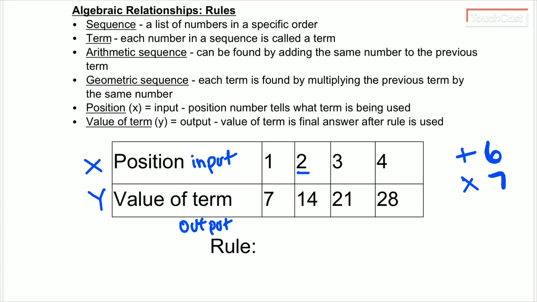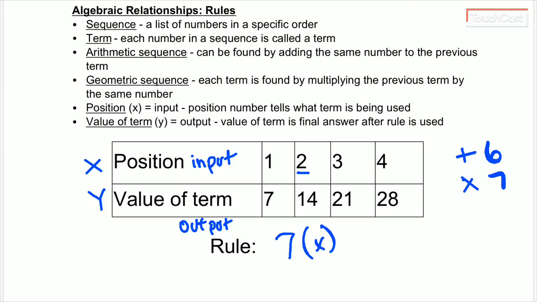However, 2 times 7 is 14. So right there, that tells us that our rule would be that we are multiplying the position by 7. So to write that rule, it would look like 7 times x. That would be our answer for the rule.